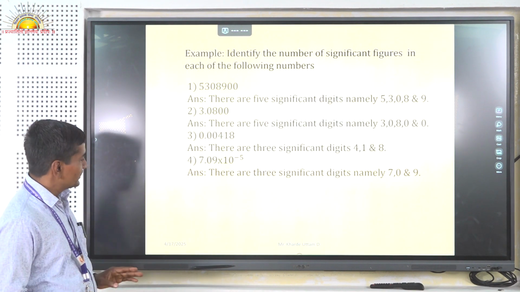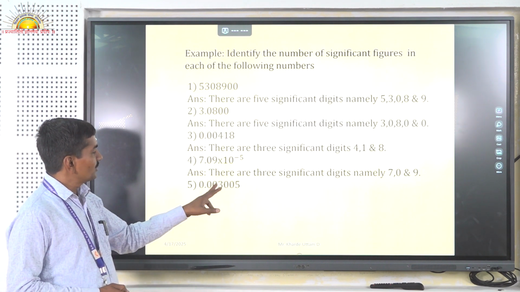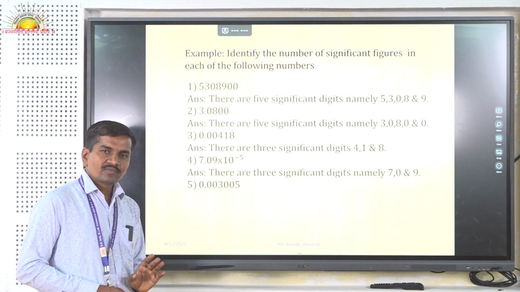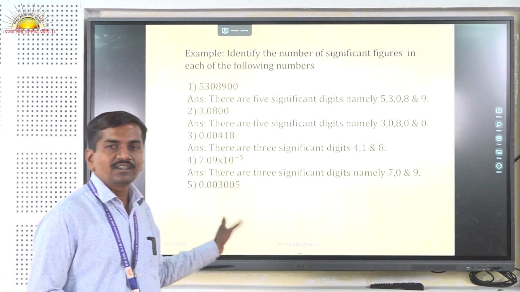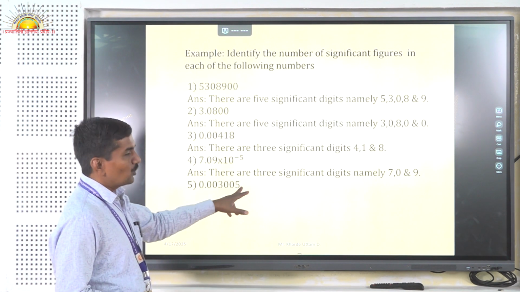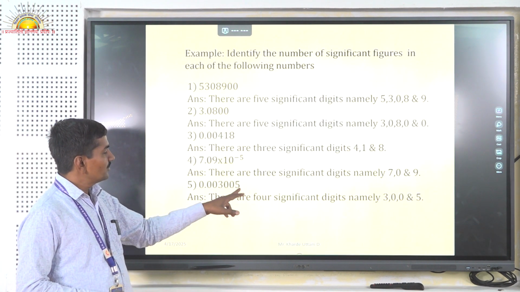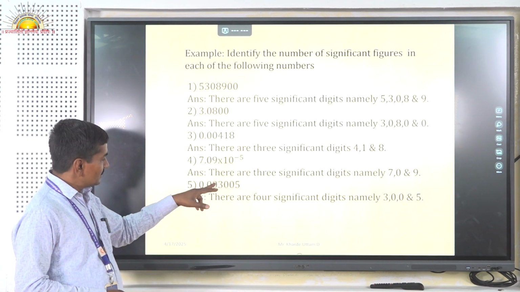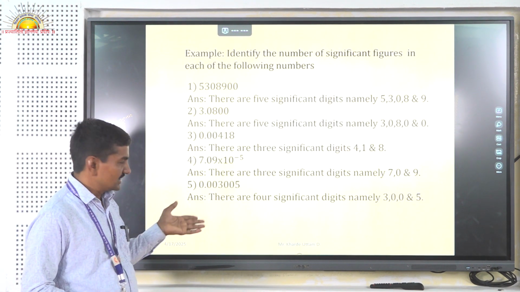Now the next example, 0.003005. Any guess how many significant digits appear in that number? Yes, there are 4 significant digits, namely 3005. The 3 leading zeros are not considered significant digits.